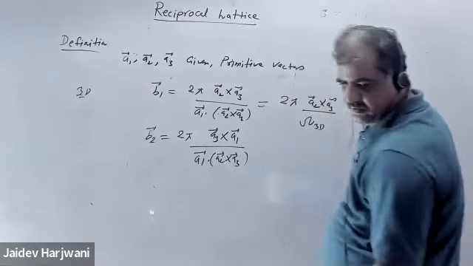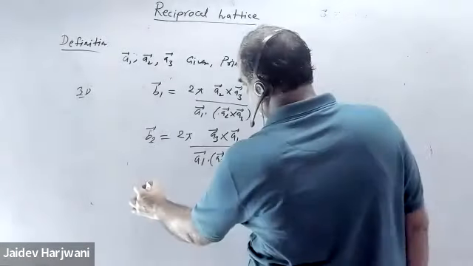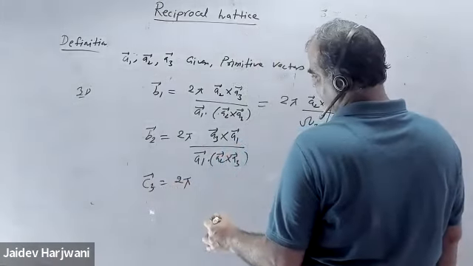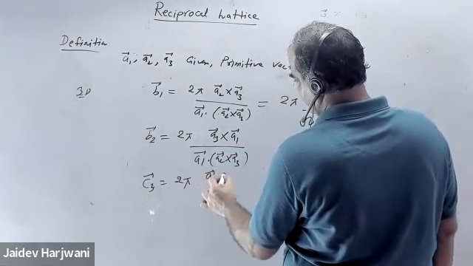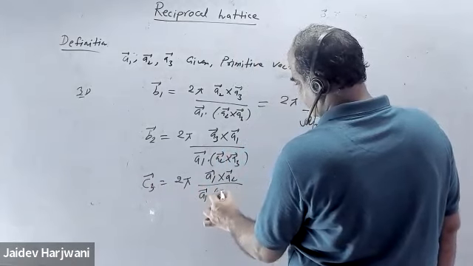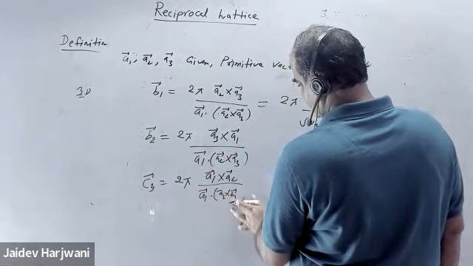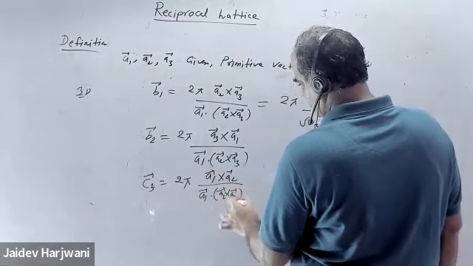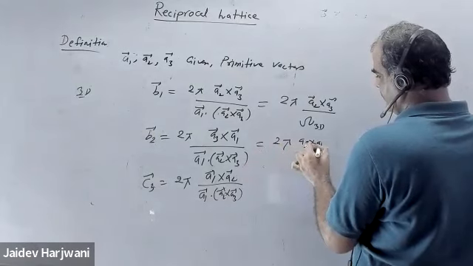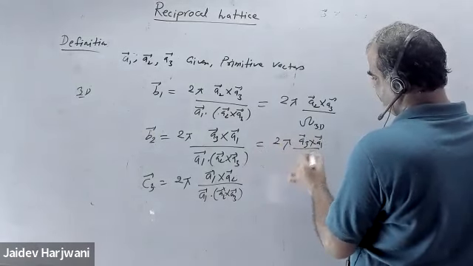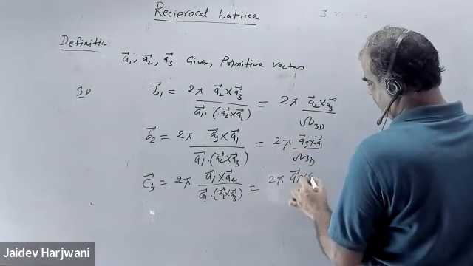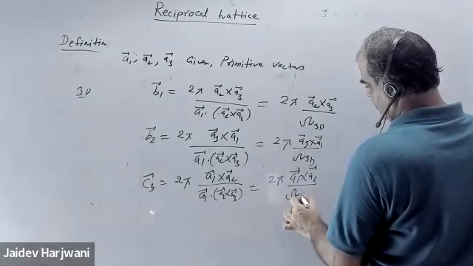Similarly, b3 will be 2π, a1 × a2, divided by the volume. So this is 2π a3 × a1 over the volume in 3D, and 2π a1 × a2 over the volume in 3D.